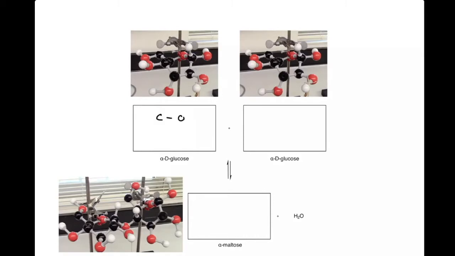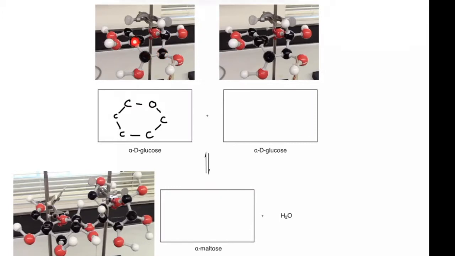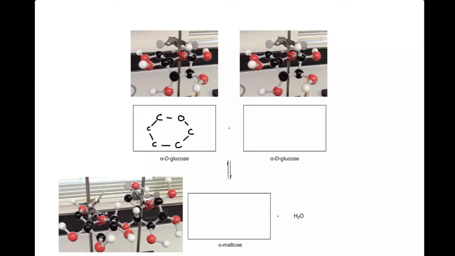Carbon to oxygen to carbon to carbon to carbon to carbon, and then they're bonded together. So there's my 6 atoms in a circle.